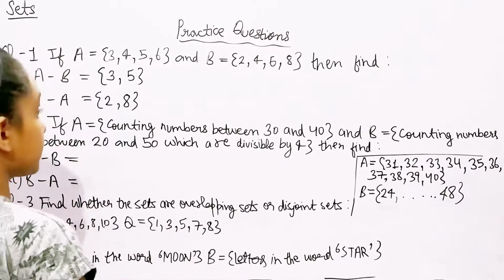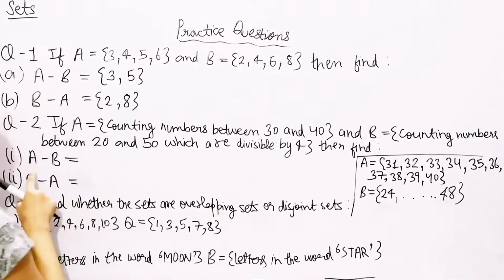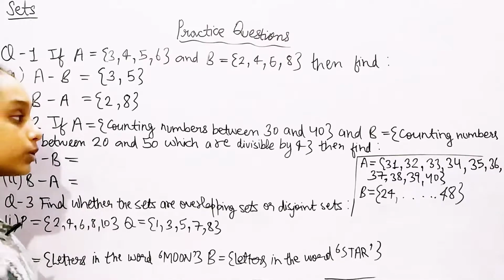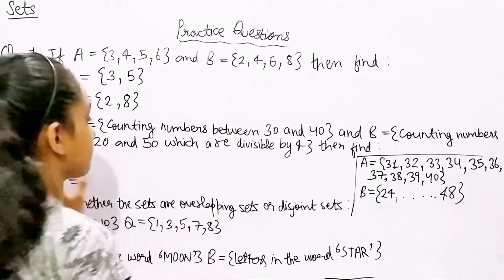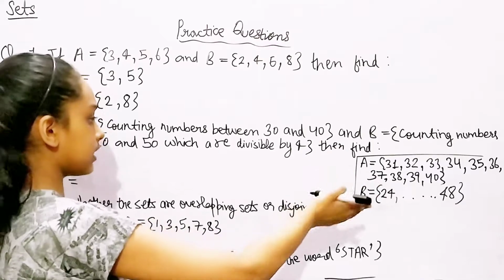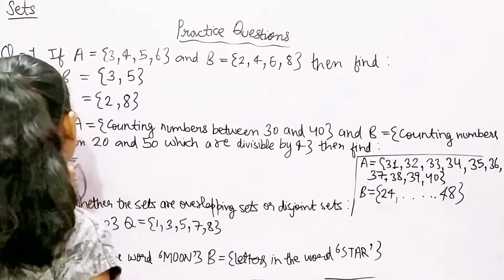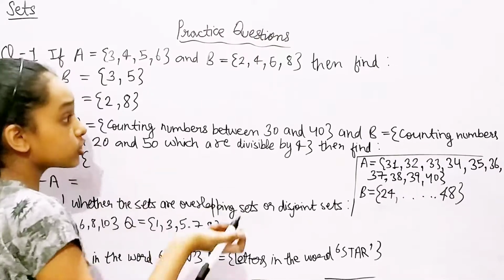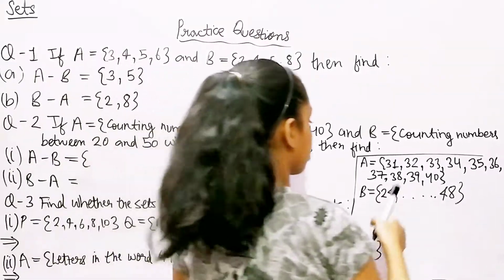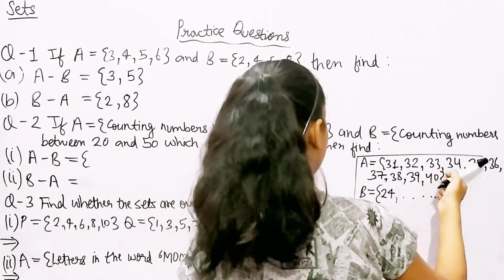So let's start. First we have A minus B is equal to what? First of all, we have found our elements, and A minus B is equal to the elements 31, 32, 33, 34, 35, 36.